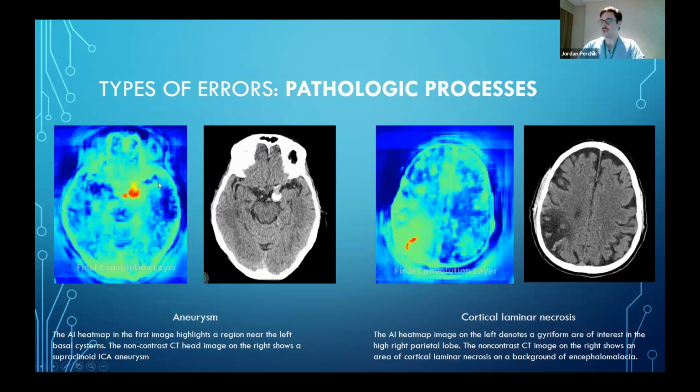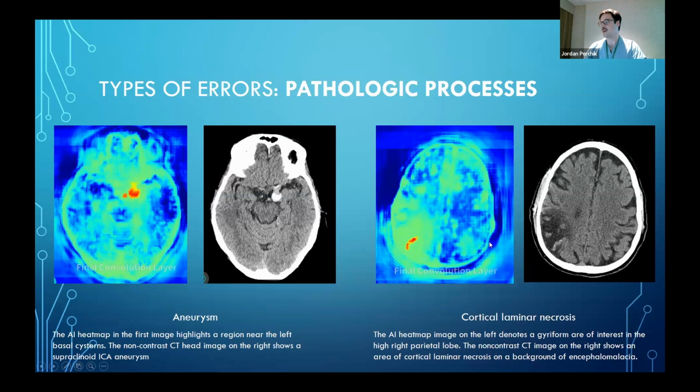And then similarly, we have other pathologic processes that also, as you scroll through, are a focal bright spot. The AI thinks, all right, it's bright, it's inside the head. That must be blood. I'm going to flag this as positive, but that's not necessarily the case. So we have here a partially calcified aneurysm arising from the left ICA, or the left internal carotid artery.